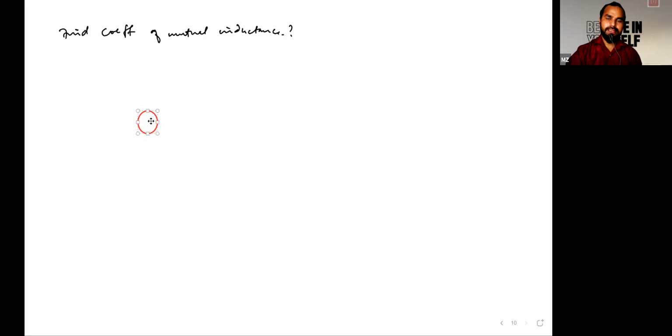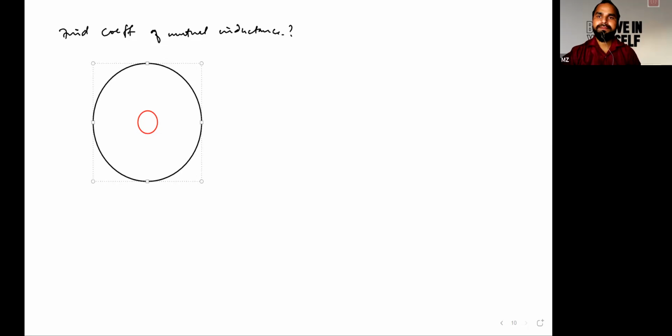So on the basis of this particular mutual inductance, you must have done some problems. I'm giving you some relation. Find the coefficient of mutual inductance if there is one coil at the center and there is another coaxially placed like this.